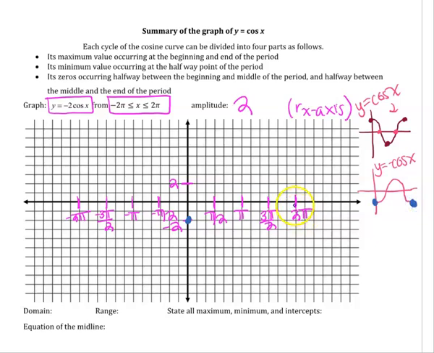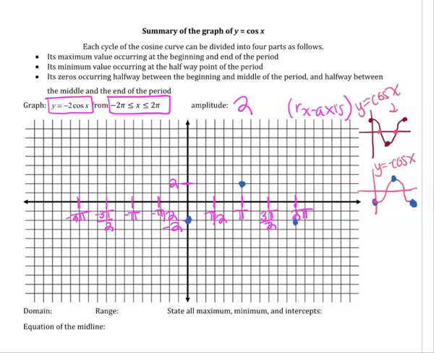So I want you guys now to plot that point of -2 at 2 pi. So beginning and end. Now halfway in between that, you're going to be at a maximum. So that means at pi, I want you guys to plot a point at 2. So right now what I have is 2 minimums plotted and a maximum.